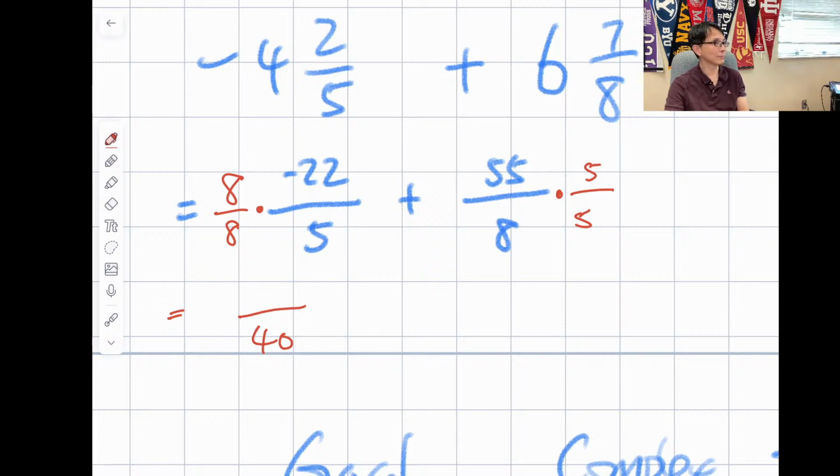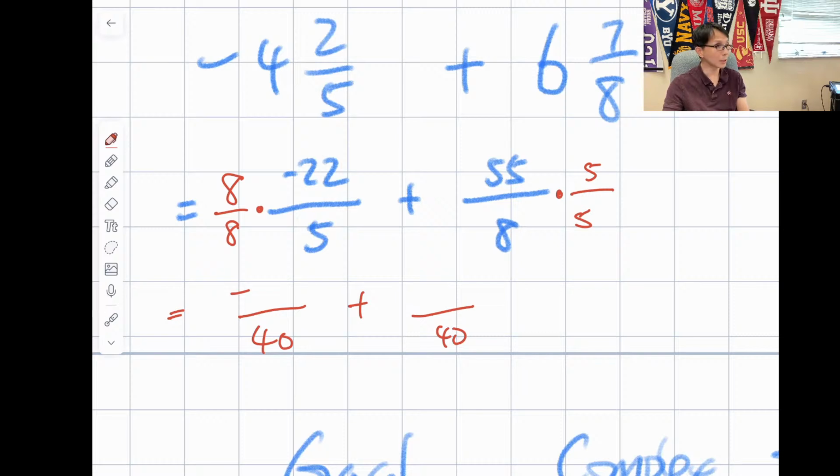Okay, that's fine. So it's negative 110 plus 275. Negative 110. Are you sure? 22 times 8. Oh wait, I multiplied it by 5. That's my bad. No, that's okay. And this one's gonna be 40.